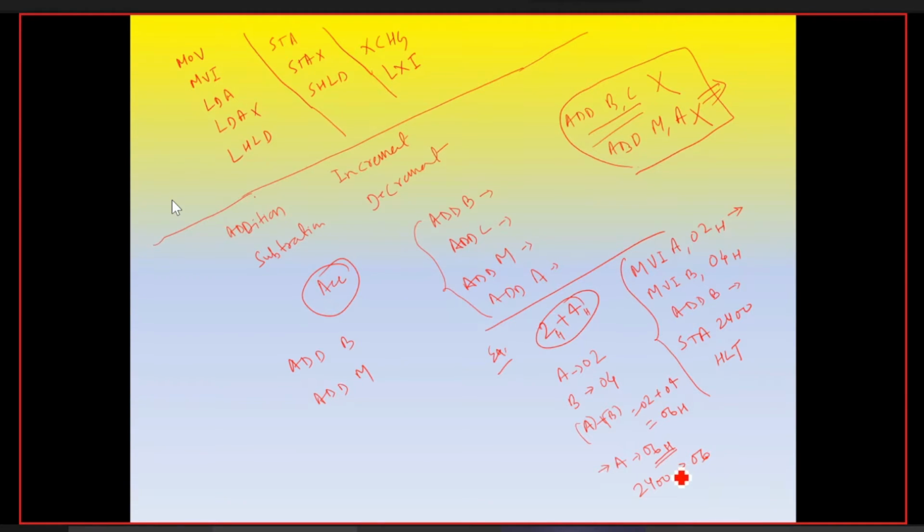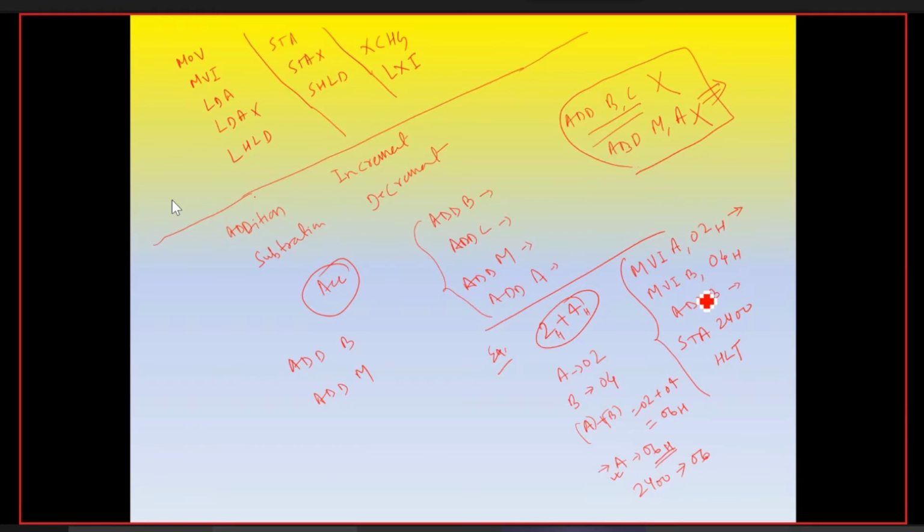Okay, so if we have the facility, we can cross check the content of accumulator. That is called debugging. Okay, step by step execution. If we have the facility, we can cross check the content of registers after each instruction.